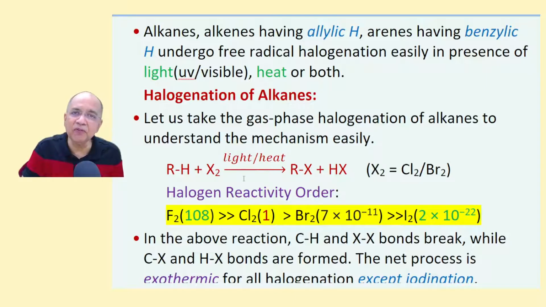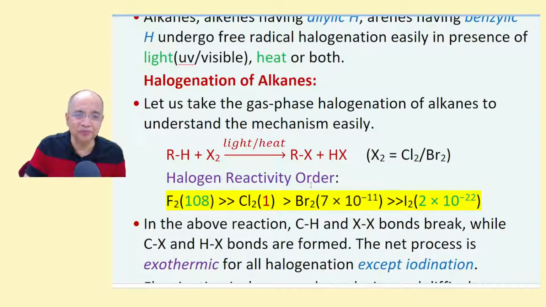In the presence of light or heat or both, a hydrogen atom will be substituted by halogen, chlorine or bromine, to give you alkyl chloride or alkyl bromide, and HX is the other product. This is the halogenation, and that is substitution. And the name of the substitution is free radical substitution. Just let us follow step by step.